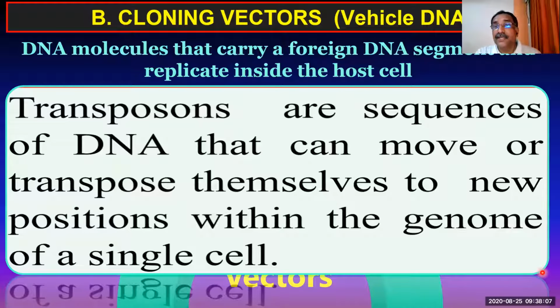Such DNA sequences we call transposons. So what are transposons? The sequences of DNA that can move or transpose themselves to a new position within the genome of a single cell.